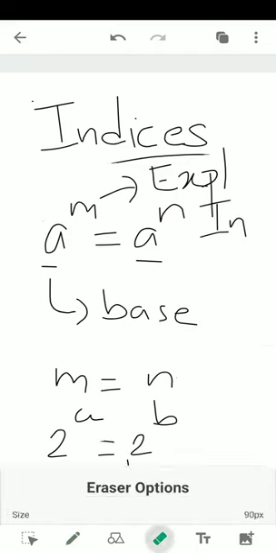Now in your standard, we are going to look at the cases where it will be extended to cases where the index or exponent will be rational numbers and the base will be positive real numbers. Something of this kind, 2 to the power 1 by 2 or 2 to the power 1 by 3.